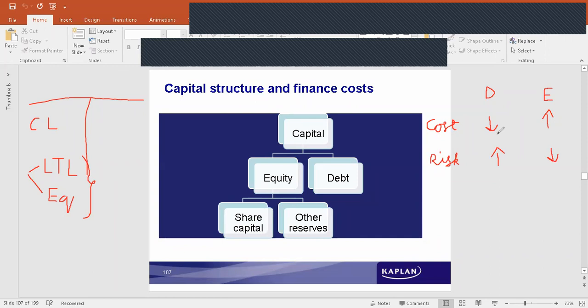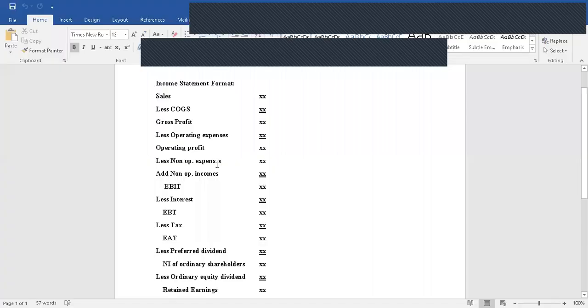That's one reason. The second most important reason is that whatever interest amount is paid, it is tax deductible. What does tax deductible mean? I'll put the income statement format one more time. After interest is paid, the profit is reduced. This is the profit that is available to all investors.